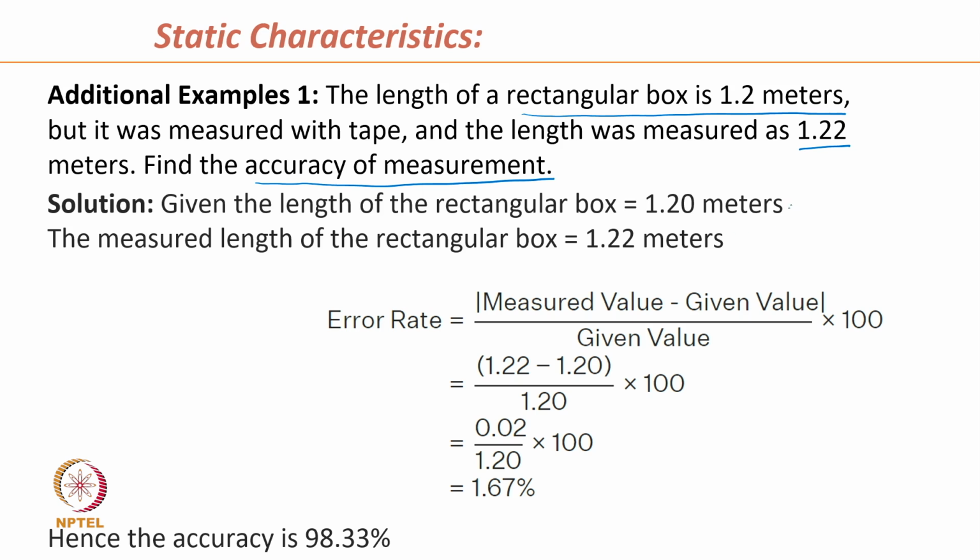This is the actual or true value x t, and 1.22 is the x m, and we know the formula: error equals x m minus x t, divided by x t, into 100. We put in the values and we get the result. Around 1.67% is the error in this measurement. Hence, the accuracy is 100 minus 1.67, which is 98.33%.